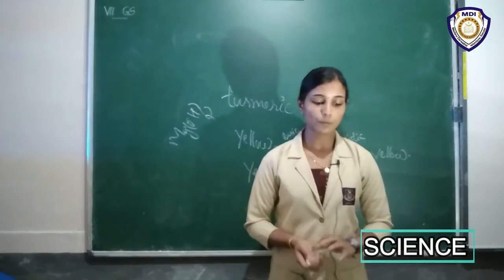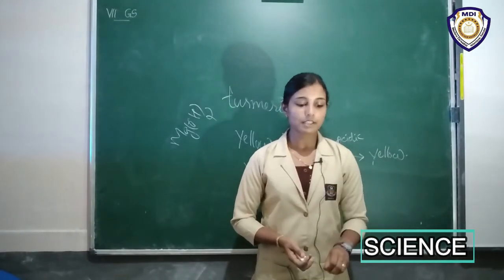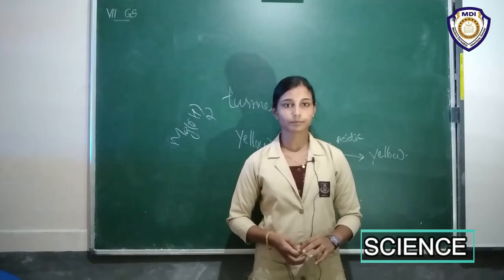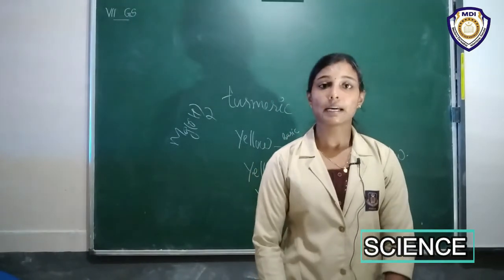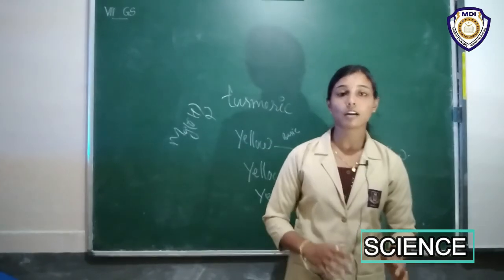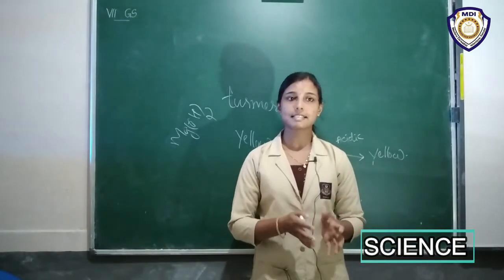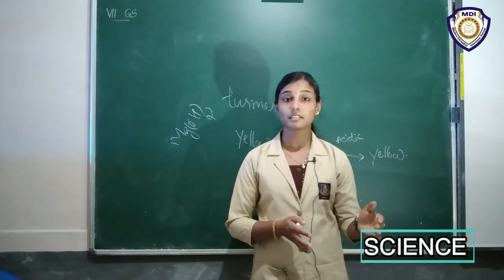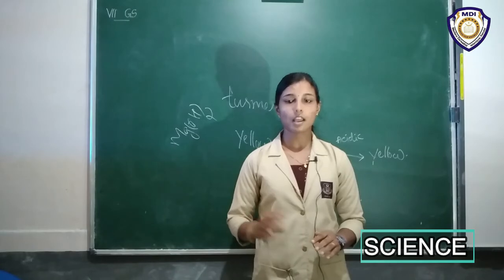Okay, so please do this experiment and complete table 5.3. So that is about turmeric indicators. Now we have completed both of these natural indicators, litmus and turmeric.